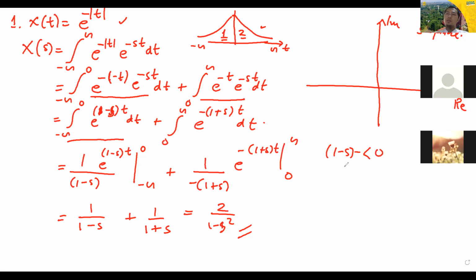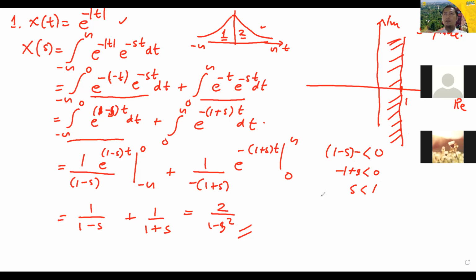So in this case, minus 1 plus s less than 0, s is less than 1. So we draw this one for the first area, less than 1. So the area is here.